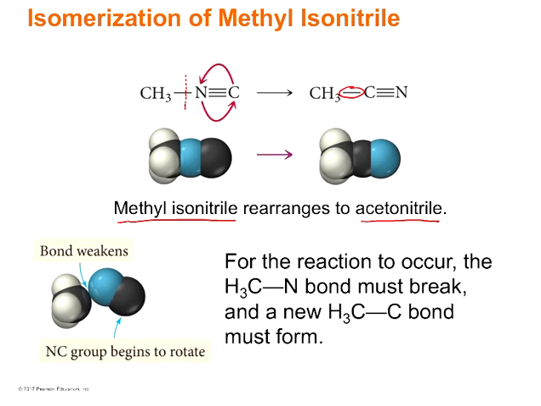So the activated complex, or kind of that midway point between reactant and product, involves that carbon-nitrogen group, shown here, rotating. So that group is just going to kind of flip 180 degrees and form a new bond.